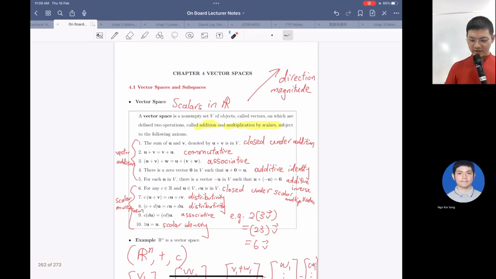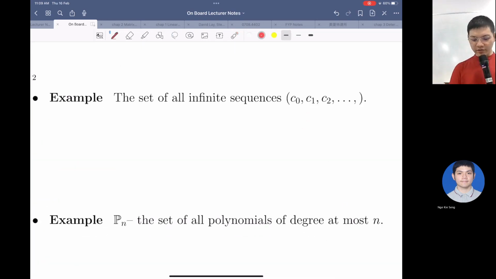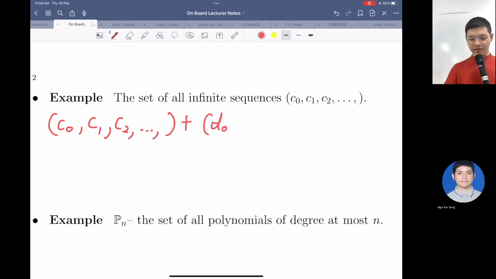We need addition and scalar multiplication. So if I say this is a vector space, you need to tell me how to add two infinite sequences together. What do you think?